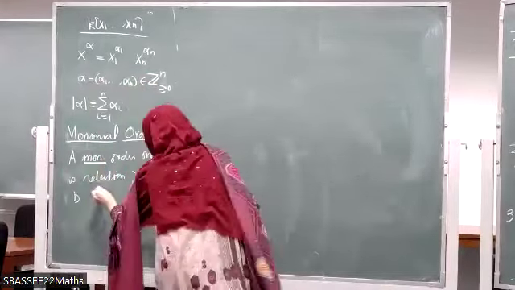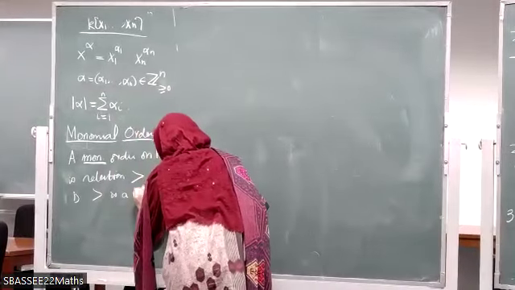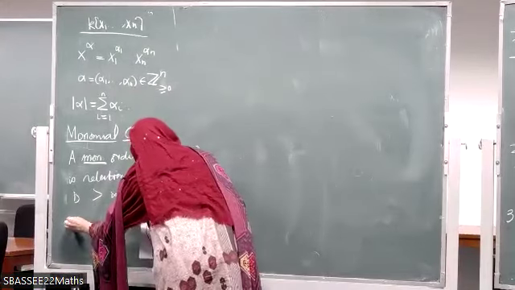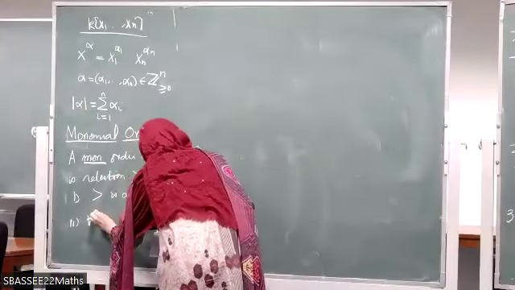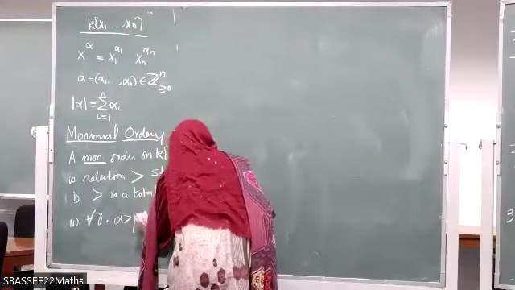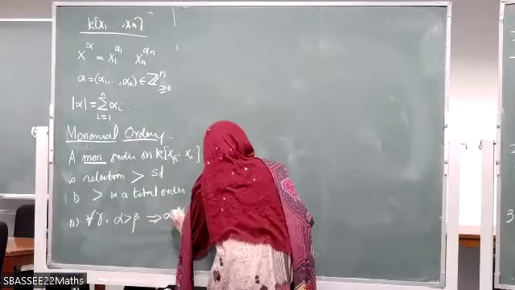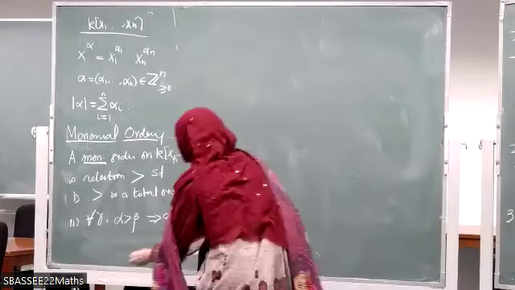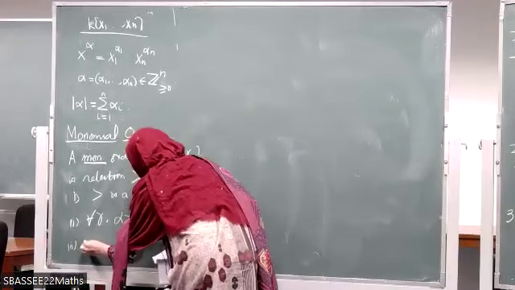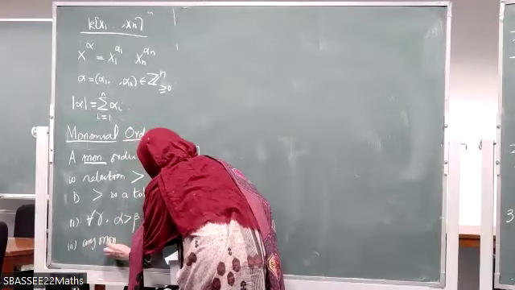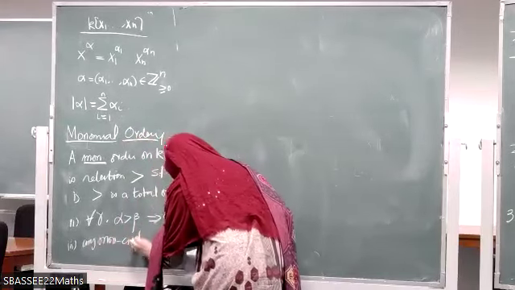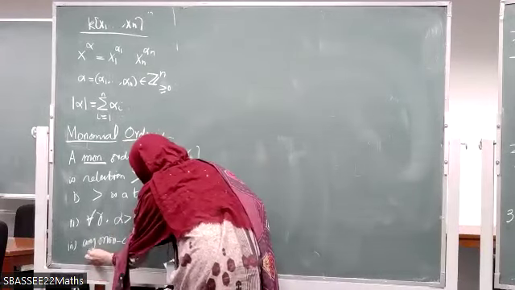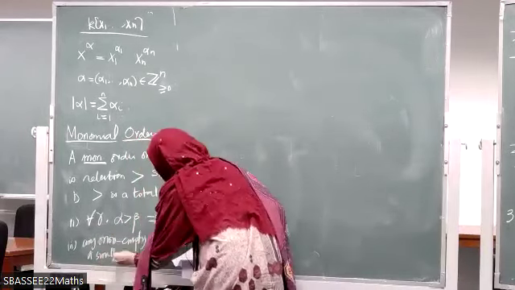Is that a total order? And the second thing is that for any gamma, alpha less than beta implies alpha plus gamma less than beta plus gamma. And the third one is that any non-empty subset has a minimum element, the well-ordering property.